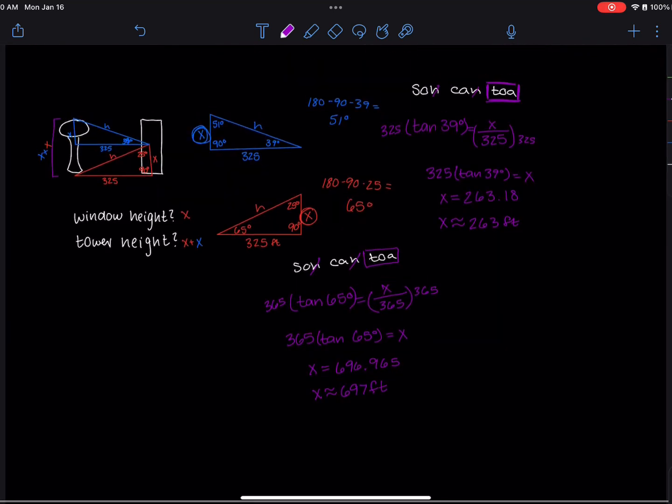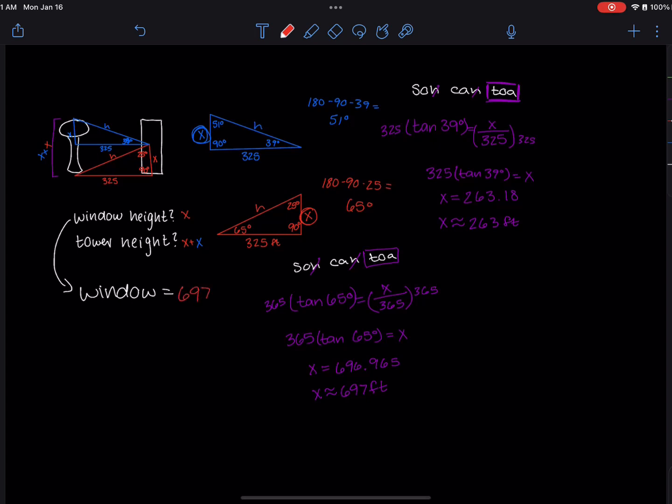So now that we have all of that math done, we can figure out what the window height is, which is just the red value of x. So it would be the 697 feet, which we just found at the end there. And then for the tower height, we need to add both of the x values together to get the total tower height.